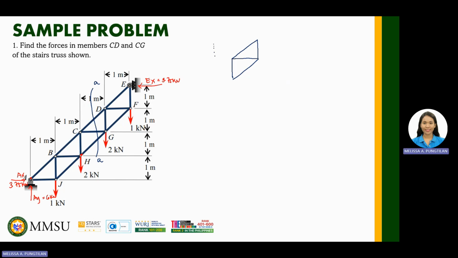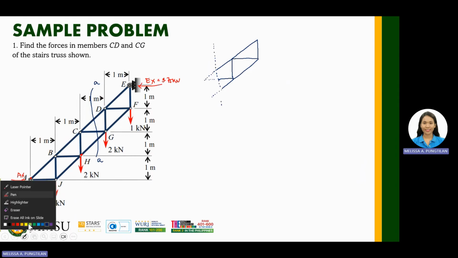Okay, so nandito yung, let's say for example, yung ating cutting line. And then, yung nasa joint C. So, wala na tayong pakialam dun sa other part or yung left portion. Then, i-reflect na natin yung mga forces na kailangan natin dito.